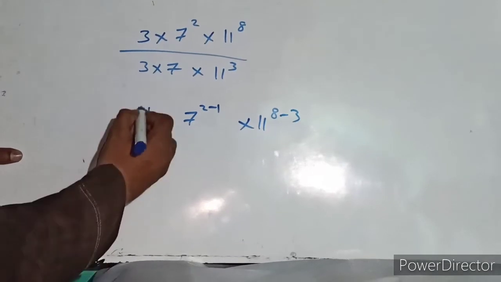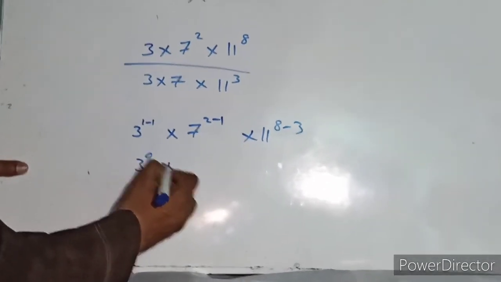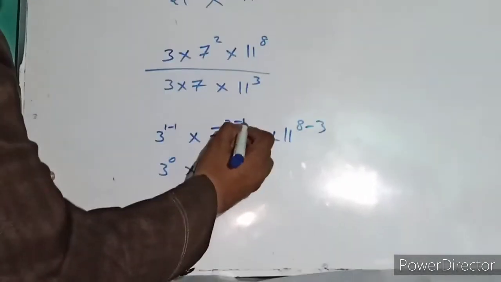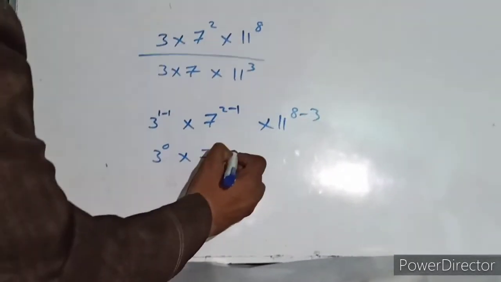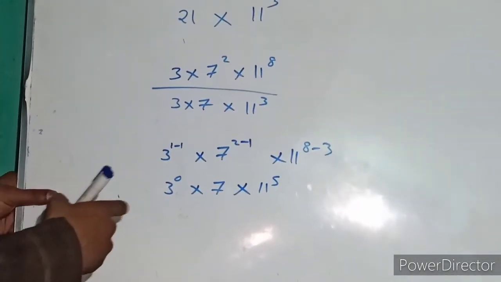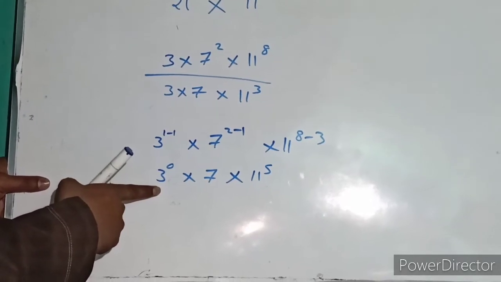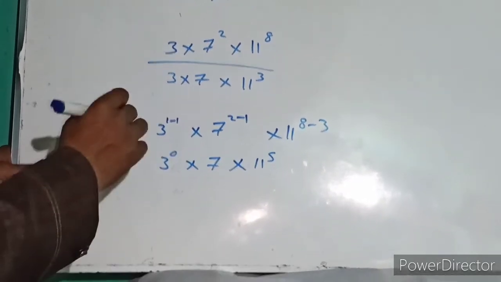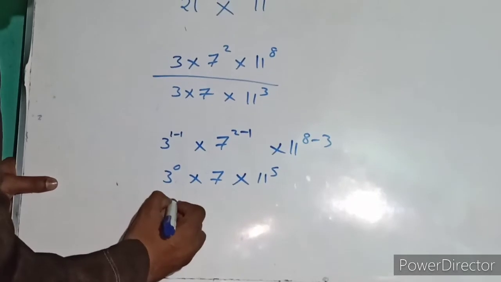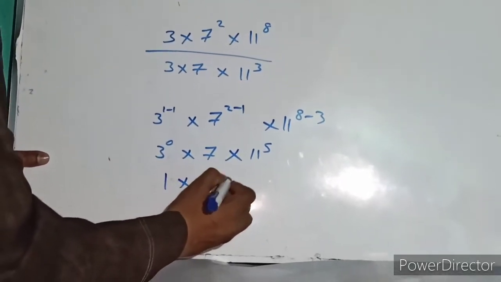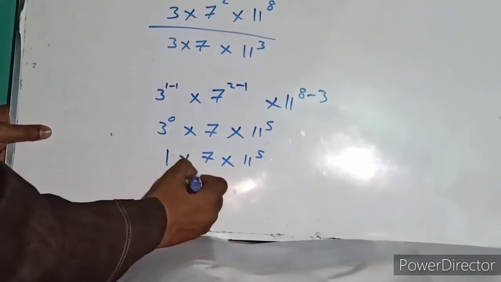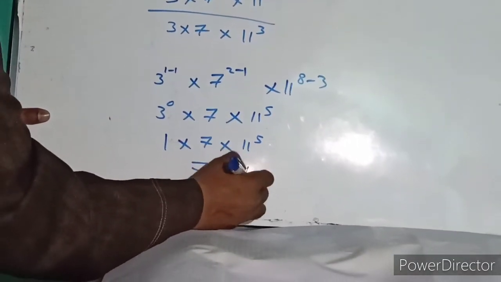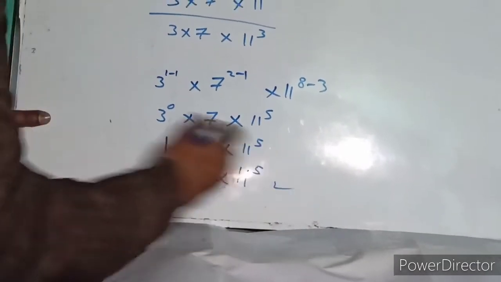So 1 minus 1 is 0, 2 minus 1 is 1, and when the power is 1 there is no need to write it. 11 raised to the power 5, and we know if a number has the power 0, the answer will be 1. So it will become 1 and 7 will remain the same. Now 7 ones are 7 and 11 raised to the power 5. This is the final answer.